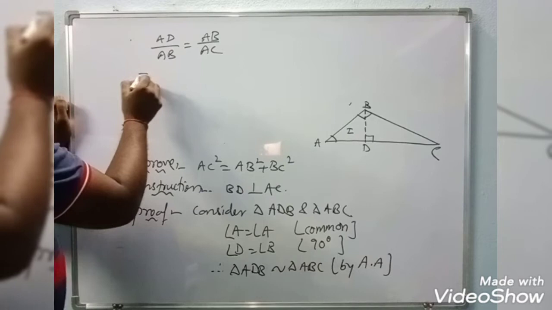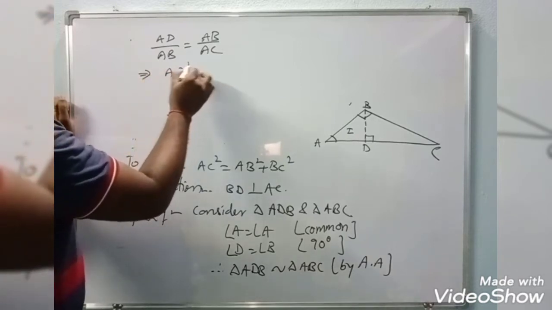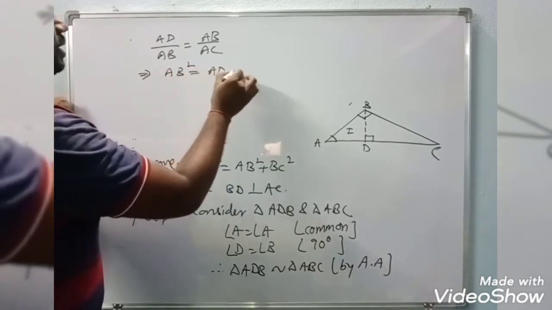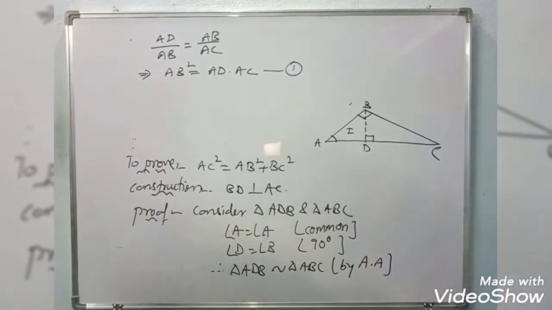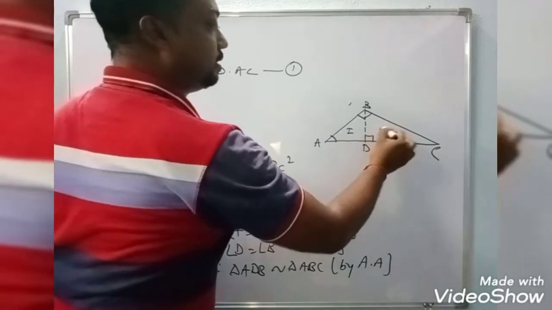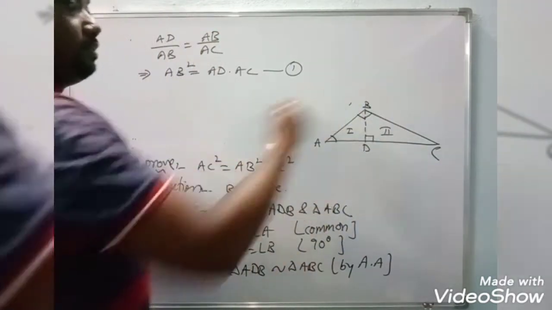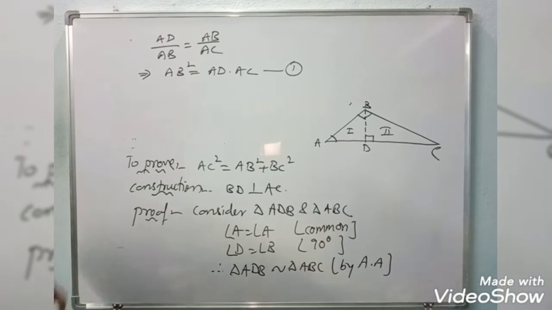Now if I cross multiply, you will get AB square is equal to AD into AC. I am denoting this as the first equation. Similarly, if you take the second triangle, the second part of the triangle, and compare it with the bigger triangle, what will you get?